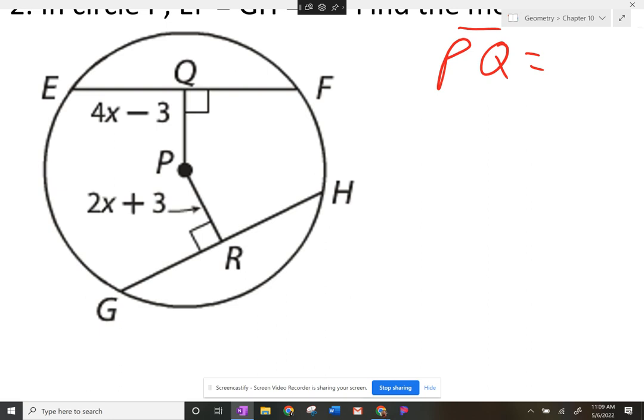Is 4x minus 3 supposed to be EF or is it supposed to be EQ? That's the QP. QP and then PR. They're the exact same thing.